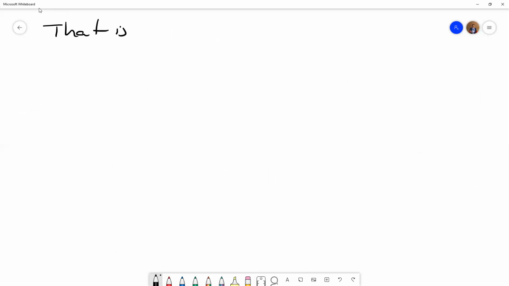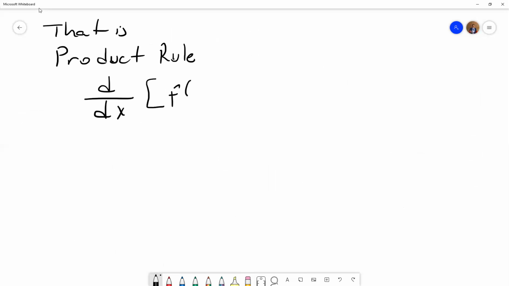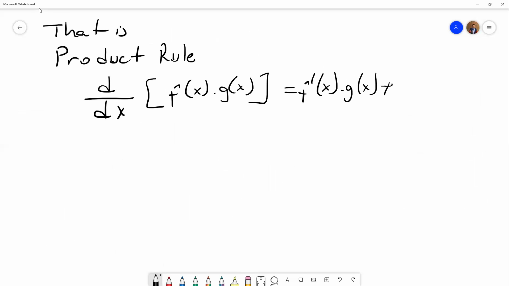That is the product rule: d over dx of f(x) multiplied by g(x) is equal to f prime x multiplied by g(x), plus f(x) multiplied by g prime x. We have to know this one.